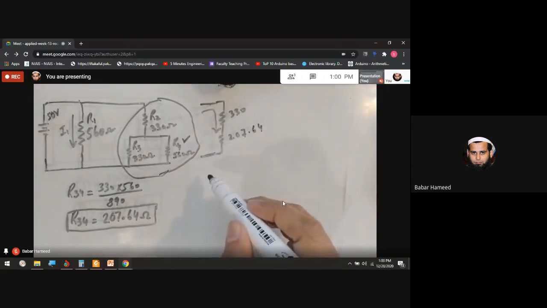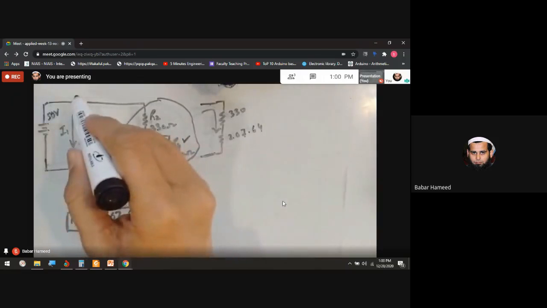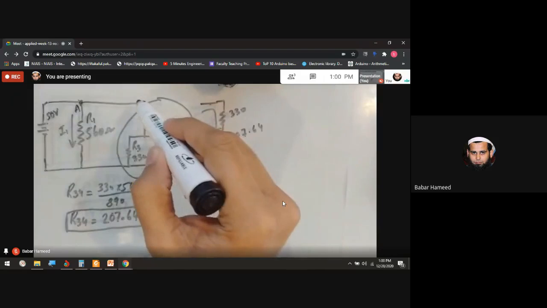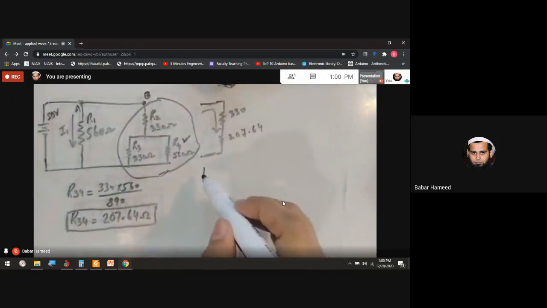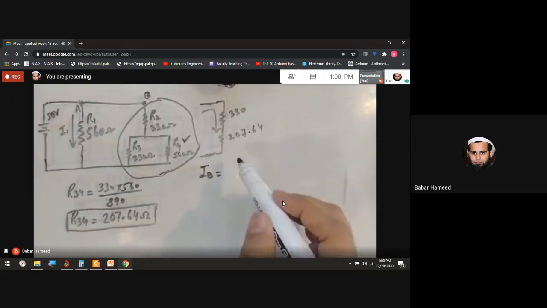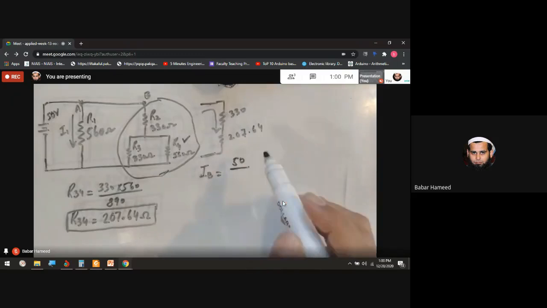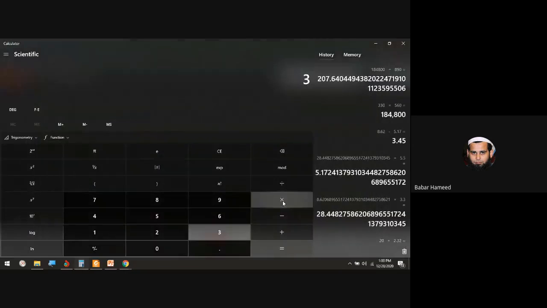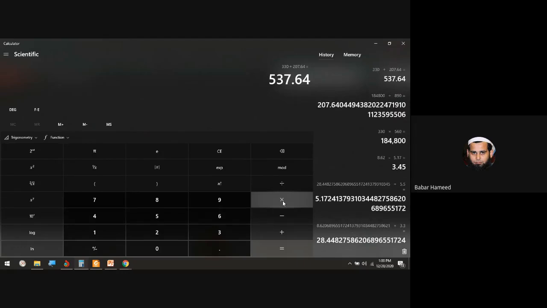Say this is A and this is B. IB equals total voltage divided by total resistance, which is 330 plus 207.64, and that is 537.64.